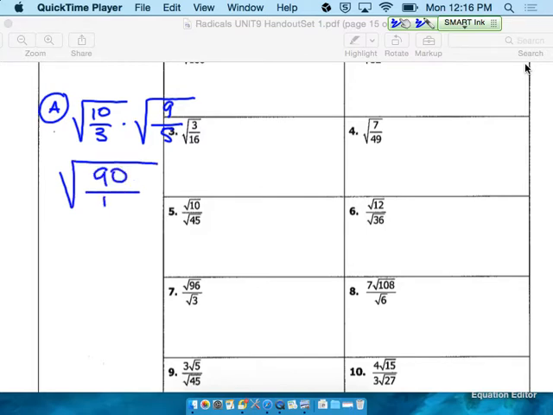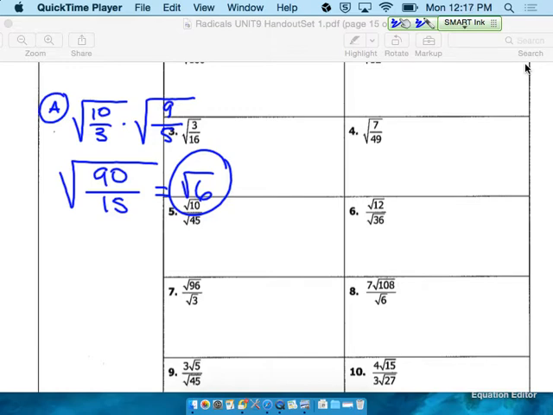I have 90 over 15, and I could simplify that. That actually simplifies down to the square root of 6. So I really don't even need to rationalize the denominator in that, since it simplifies like that.